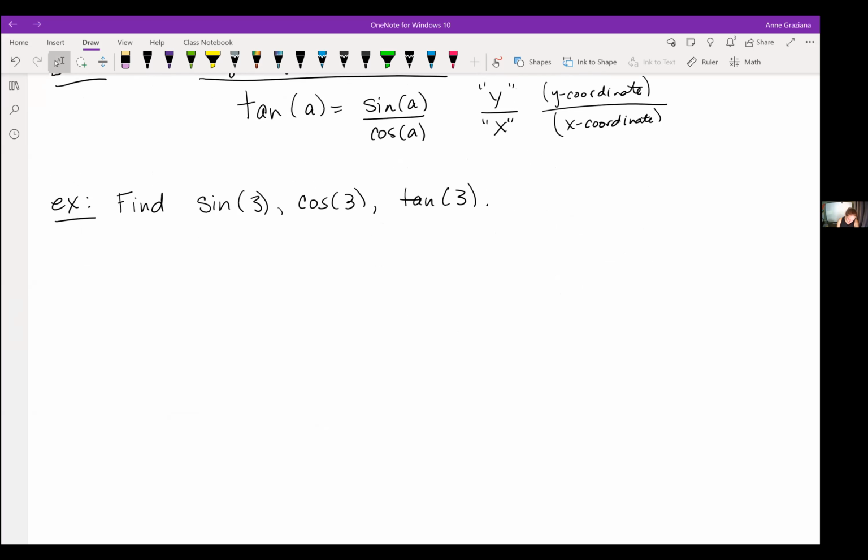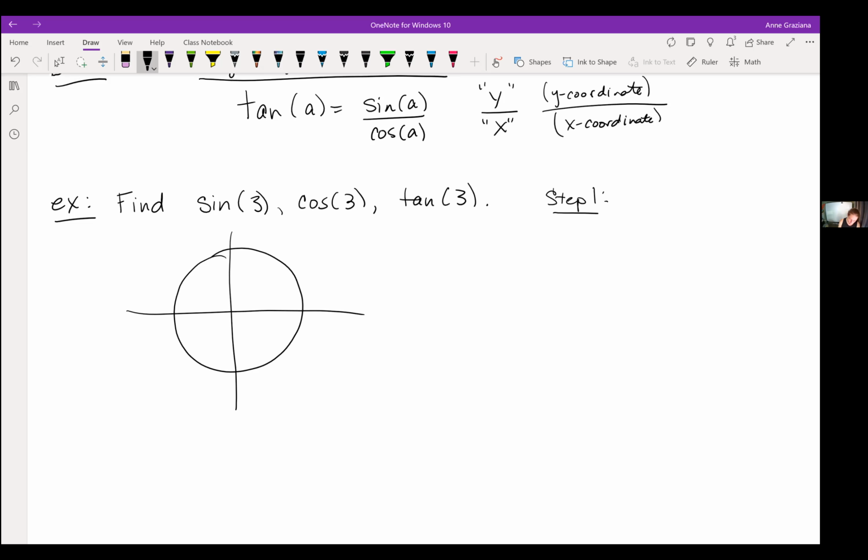All right, so here's my unit circle, and I'm going to use my freehand drawing. It's not perfect, but step 1 is walk 3 units around the circle.